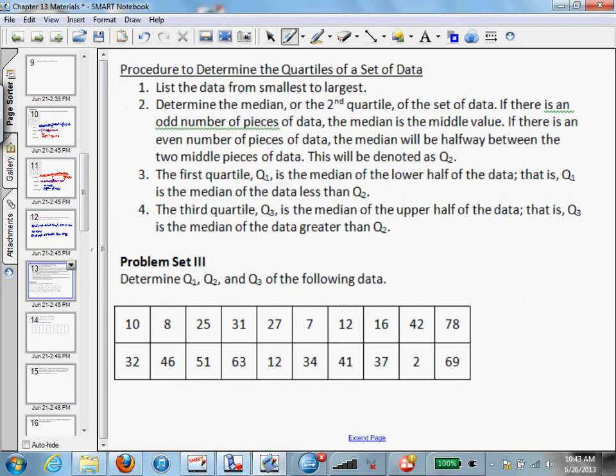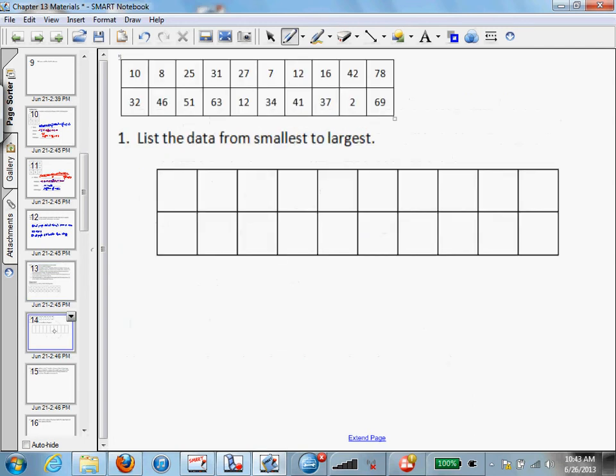Now we have to determine Q1, Q2, and Q3. We're going to break this data into quartiles. And I believe on the next piece of paper, or the next slide, we're going to actually break these down. So we have to list the data from smallest to largest, and I'm going to go ahead and do that now.